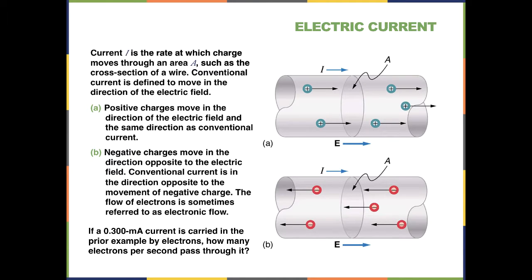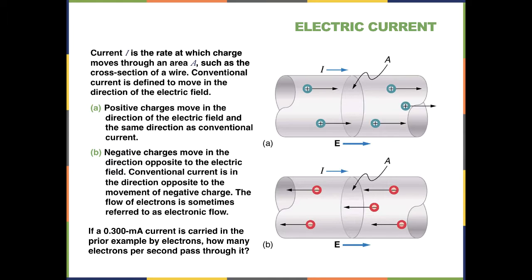So if you have a 0.3 milliamp current, as in the prior example, how many electrons per second would pass through it? The way you would do this is to understand that 1 coulomb of charge is equal to 6.25 times 10 to the 18th electrons.